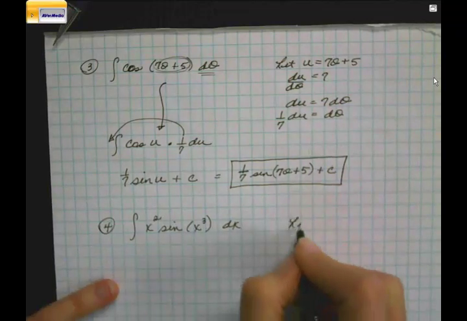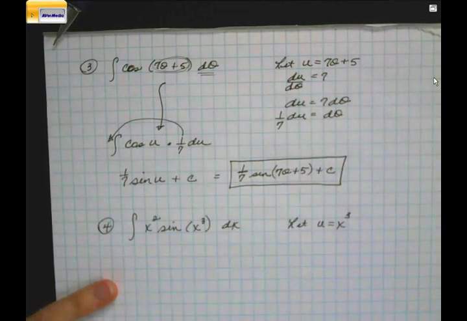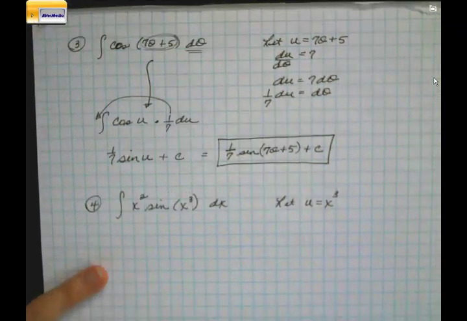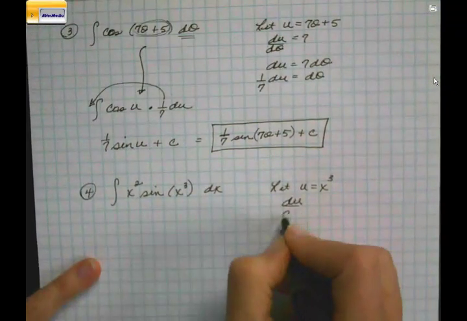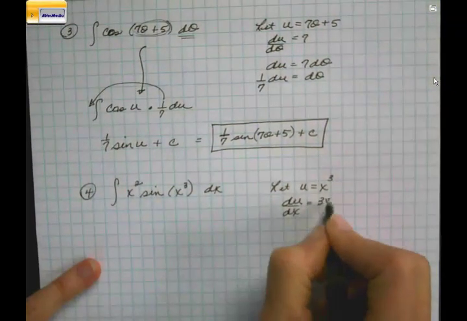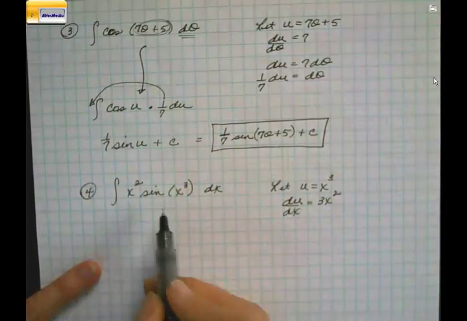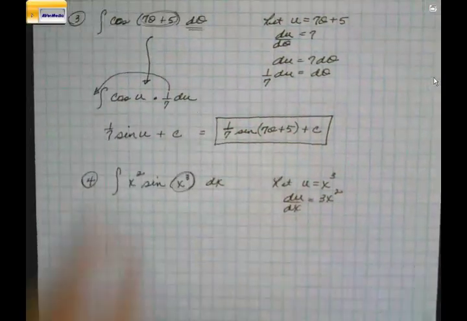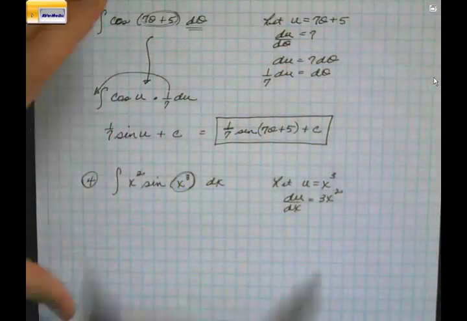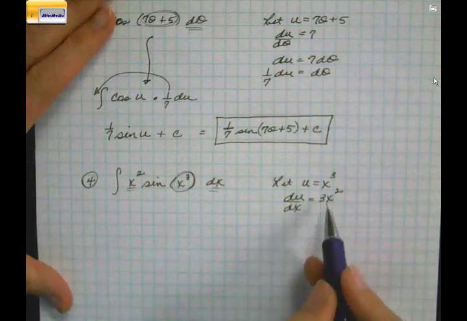So let's just see if it'll work. If I let u continue to be the argument of the trig function, which is x cubed, then du dx would be 3x squared. Hey, this looks good, because in this case, you've replaced the x cubed with u, so you have sine u, and then the rest of this you've got to work with is an x squared dx, and you have an x squared.